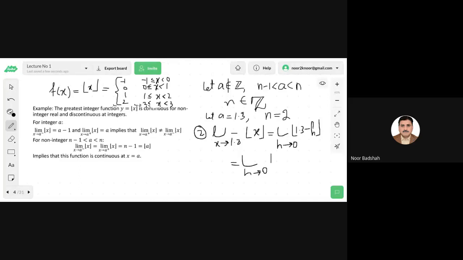That is 1. And then if you apply the limit, there is no h involved in it, so it will be 1, which can be written as 2 minus 1, which is equal to n minus 1, because n is taken as 2. So the left hand limit is also n minus 1.